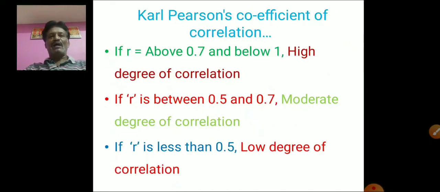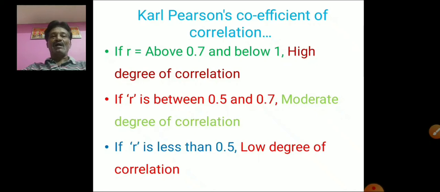Suppose your R value is greater than 0.7 and less than 1, right? That means high degree of correlation. Are you clear? If your R value is greater than 0.7 and less than 1, it means the given two variables are having high degree of correlation, or the given two variables are highly correlated.